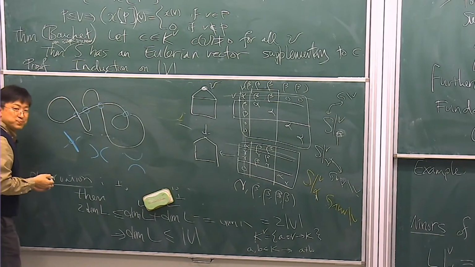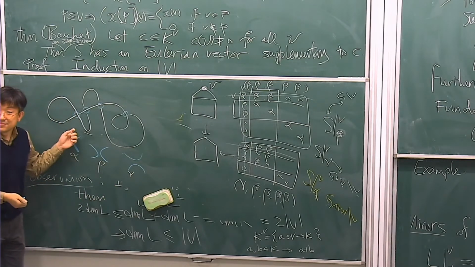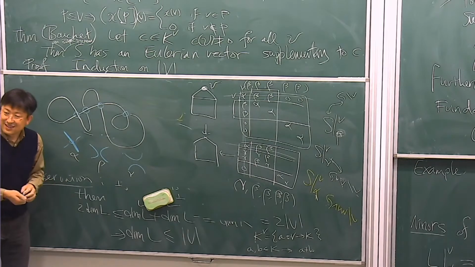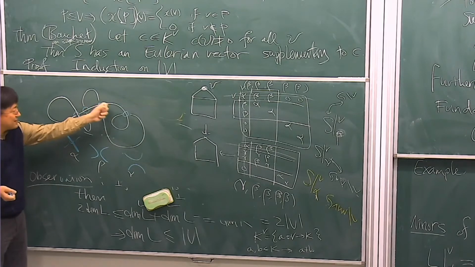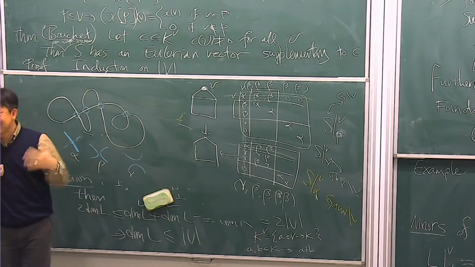So you just pick alpha, beta, gamma, and that's an Eulerian system. Eulerian circuit corresponds to the Eulerian vector.